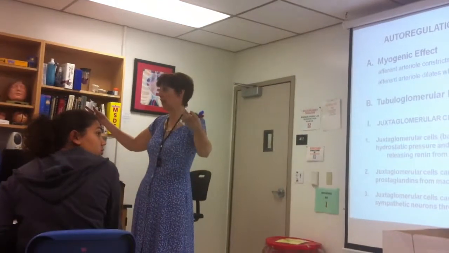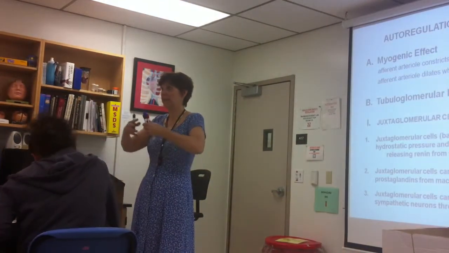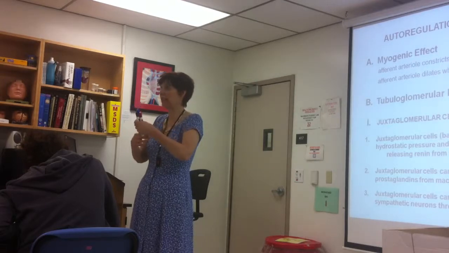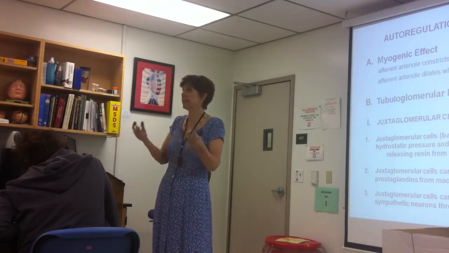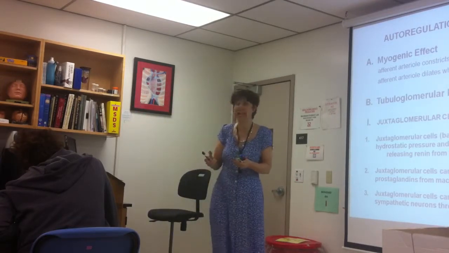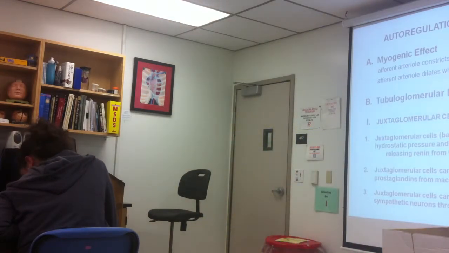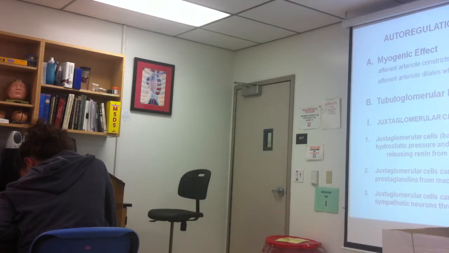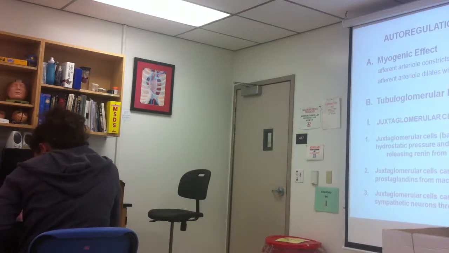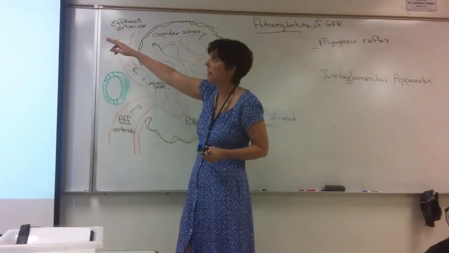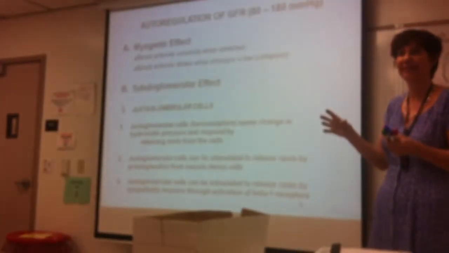Frank Starling's law, the more it got stretched, the harder the recoil and the contraction. So this is a similar stretch receptor reflex. As pressure flow increases and stretches the diameter of the afferent arterioles, they reflexively contract more. So essentially, the afferent arteriole constricts when it's stretched.